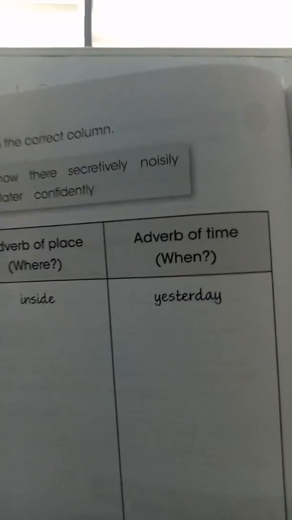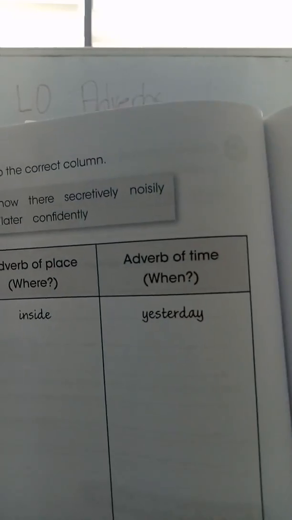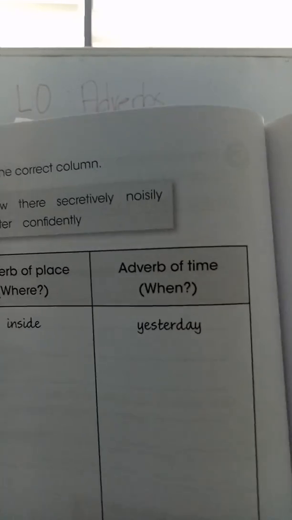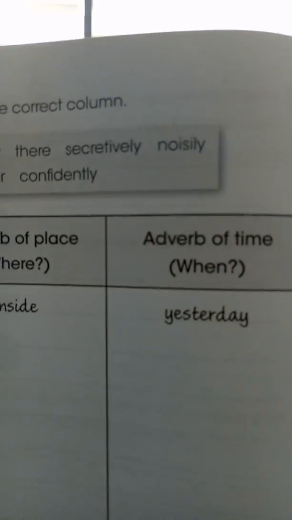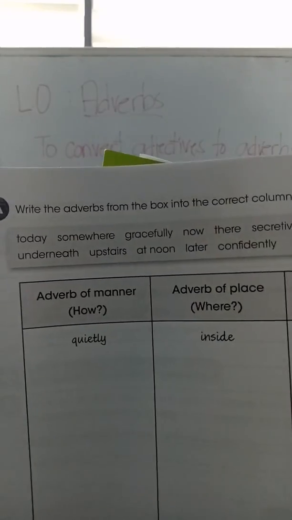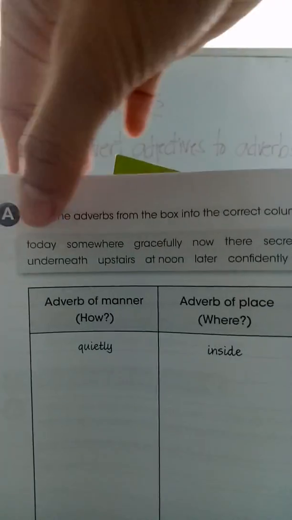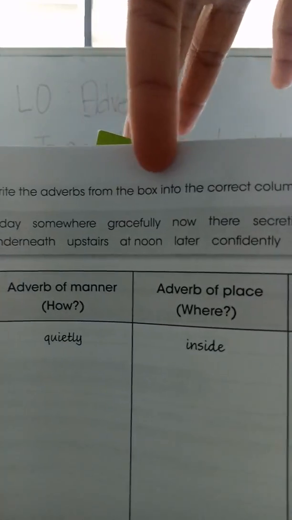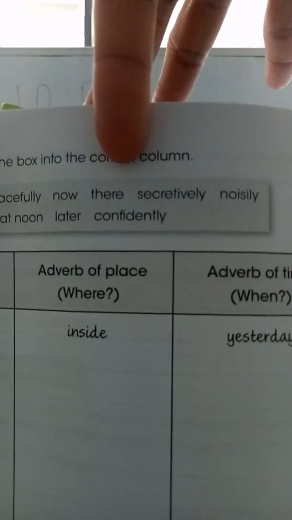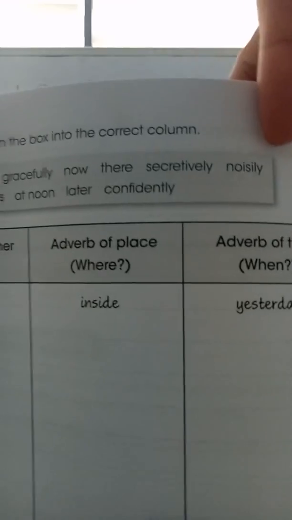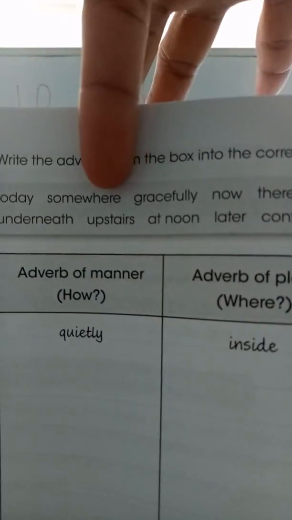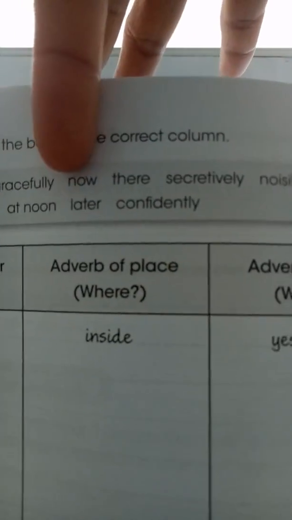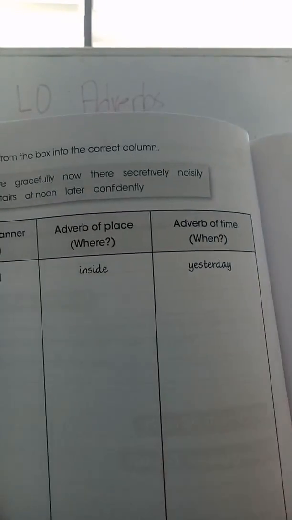We ate lunch late, and that's also an adverb. And the yesterday also is the adverb. Again, you just check what question it answers, and the adverbs, you will get them from this box. We have today, somewhere, gracefully, now, there, secretively, noisily, underneath, upstairs, at noon, later, confidently. So you just put these adverbs where they belong.